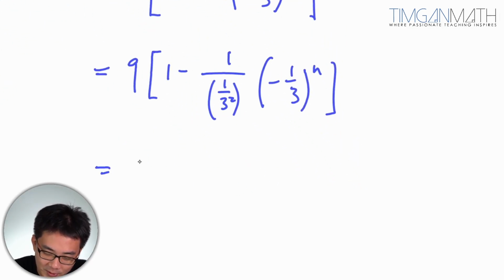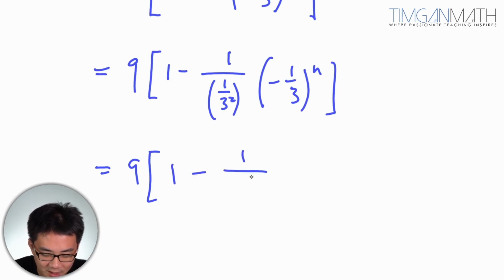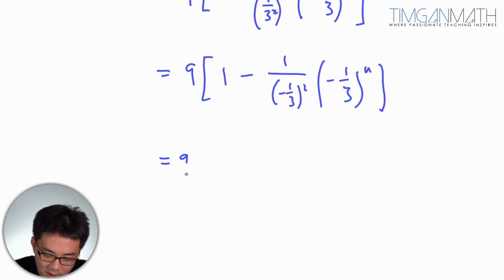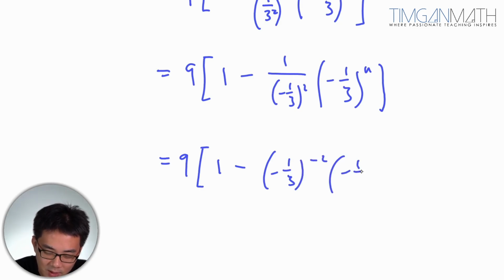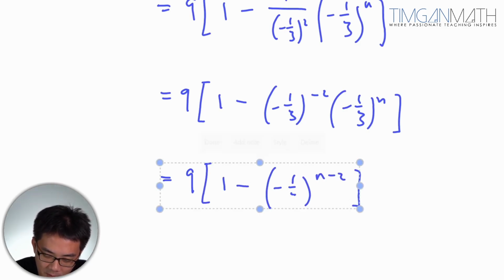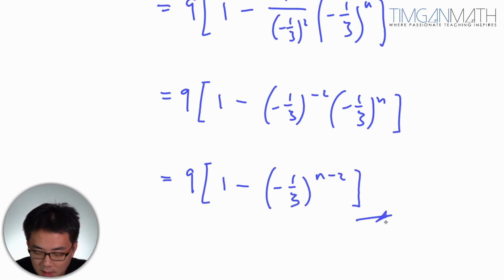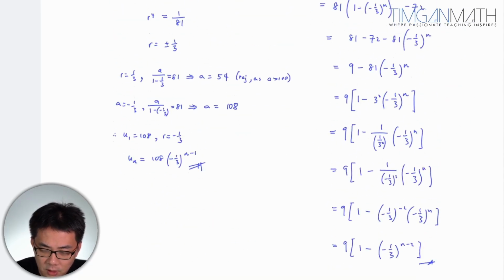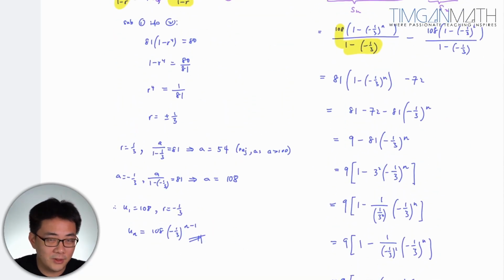After which this will be 9 times (1 minus 1 over (minus 3) squared). Because it's a square, the negative doesn't matter, and this will be 9 times (1 minus (minus 1/3) to the power of n minus 2). It's annoying, I know, but it's more manipulation than AP GP. I think that's how you do this question. Any question at all, please let us know. Keep practicing. I'll see you in the next question.